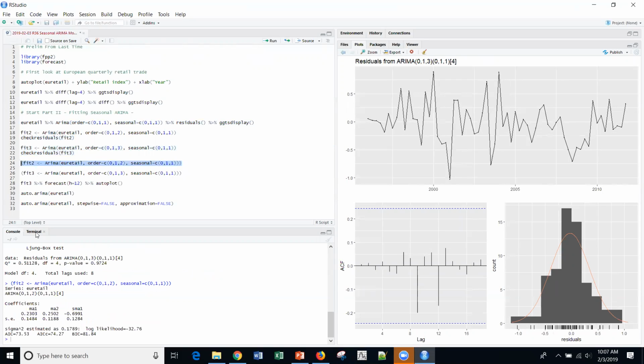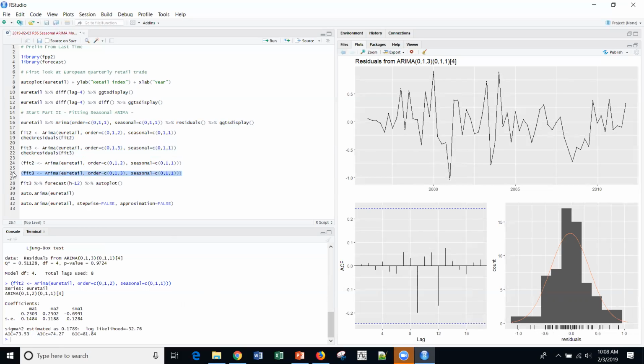So let's look at the overall fit statistics. For the first one, again, this 012011, we get here are our coefficients, theta 1, theta 2, and then the seasonal theta. And then the Akaike information criterion is 73.33. The corrected Akaike is 74.27.